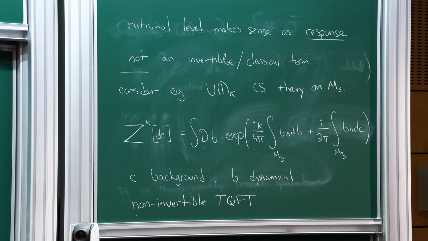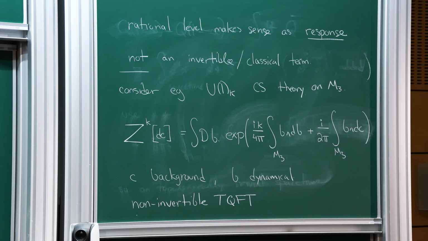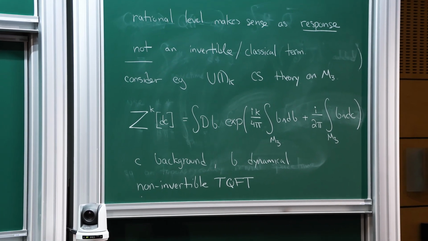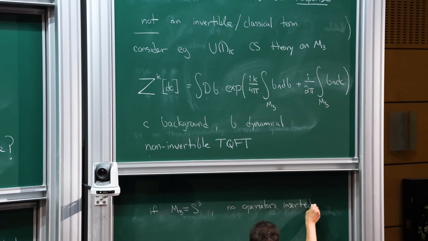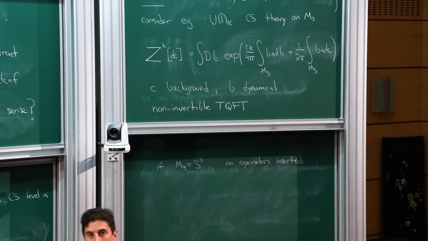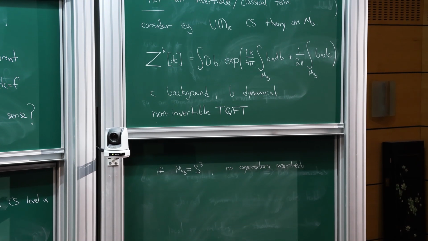But let's consider something special. M3, we take it to be S3, something very trivial, and I have no operators inserted. The Chern-Simons theory has various Wilson lines, and we can consider complicated correlation functions with them, but let's not do it.